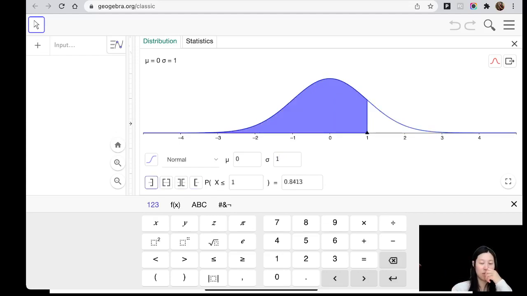So let's find the left one first. We want it to be 2.5%, which is 0.025. So the cutoff value is what? Let's round to 2 decimal places. So it's going to be negative 1.96, right?